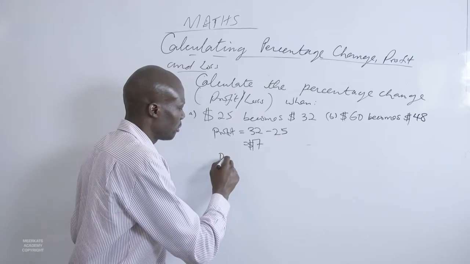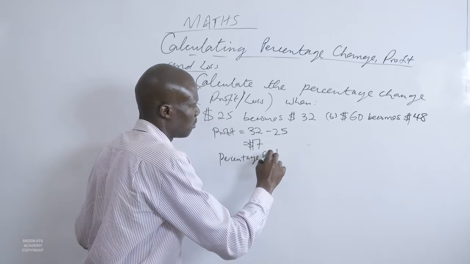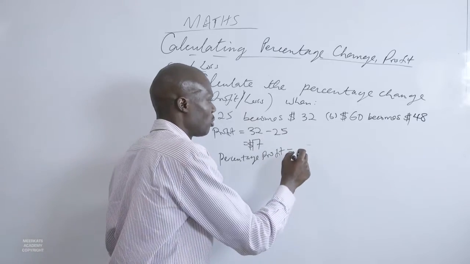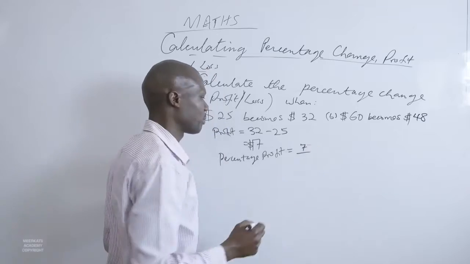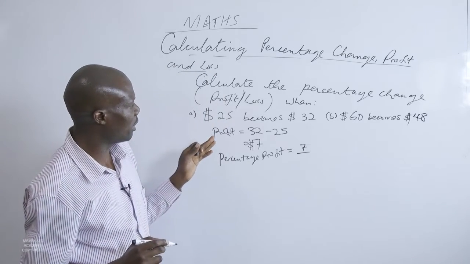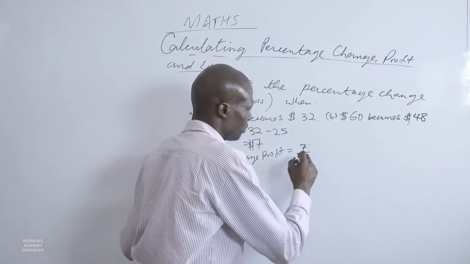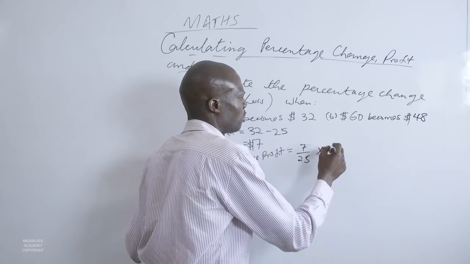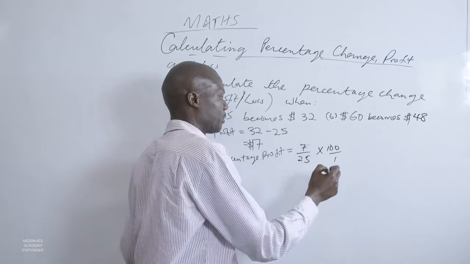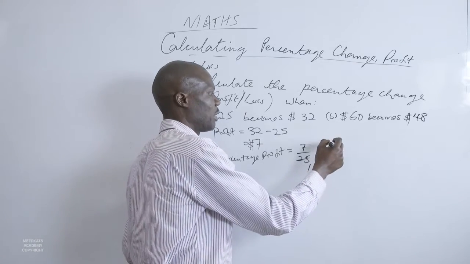Percentage profit is equal to the profit you made, which is 7, over the original value, which is 25, multiplied by 100 over 1. So by 25 is 1, by 25 here is 4.